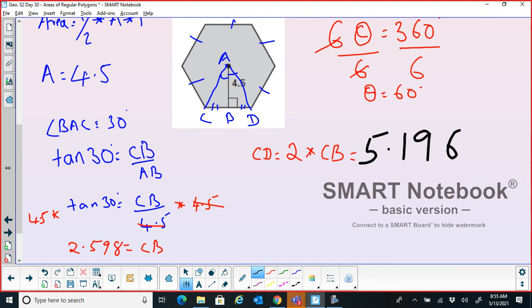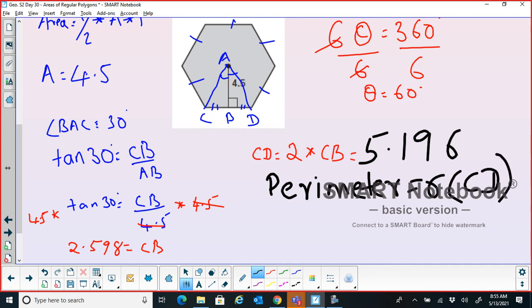So the perimeter is, it's a hexagon, right? A hexagon will have 6 sides, so the perimeter is 6 times this particular CD. 6 times 5.196 will give us 31.176.